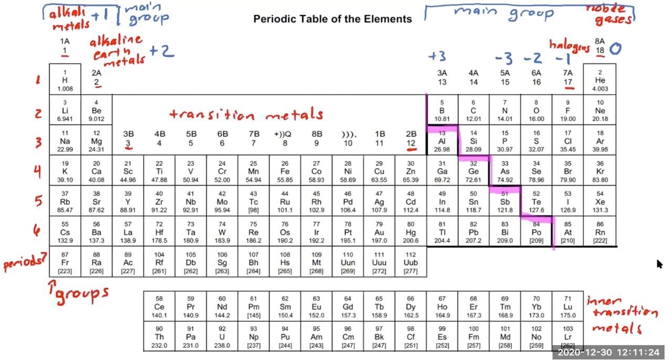If we highlight all of our different metalloids in purple, you can see it's the elements that touch that stair step. They have some properties of metals, but not quite all the same properties that metals would have.